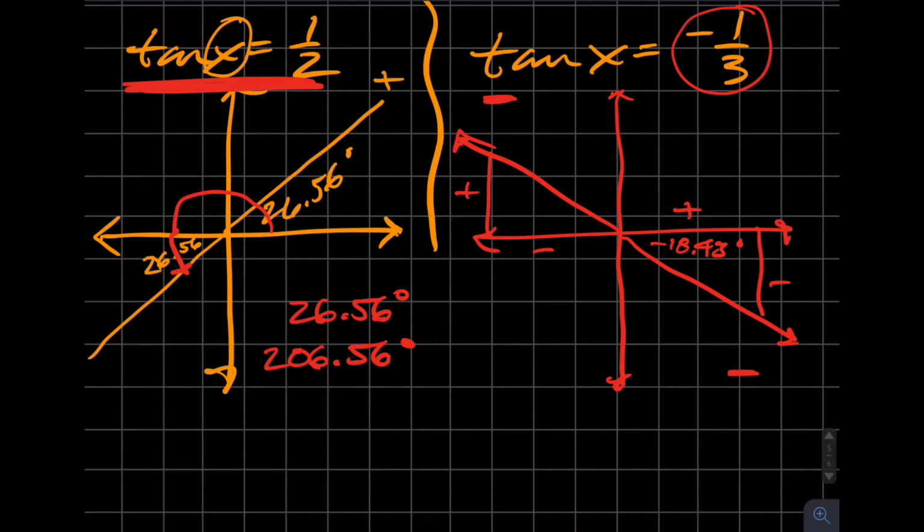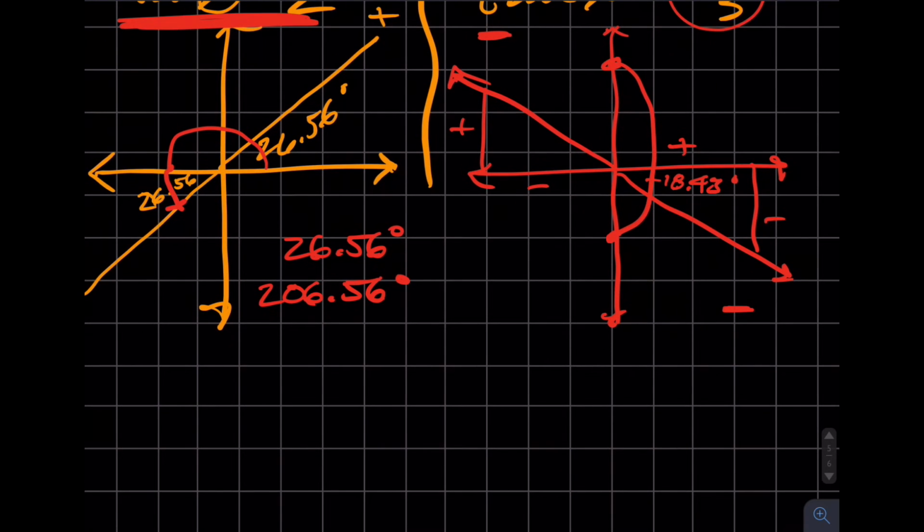Remember, inverse tangent is only going to give you angles in this hemisphere. So you need to scrutinize this negative 18 degrees. So you can enter it certainly as negative 18.43 degrees.